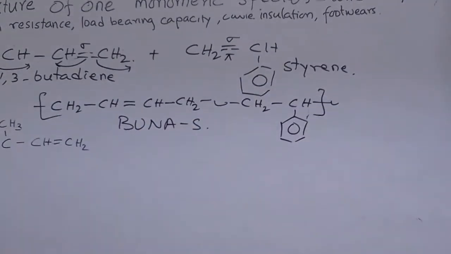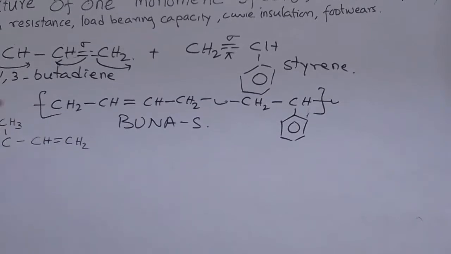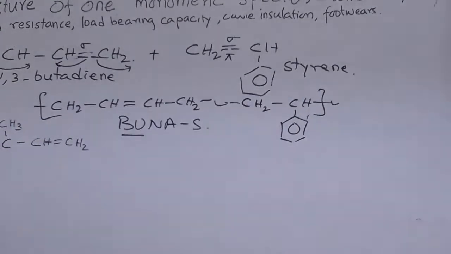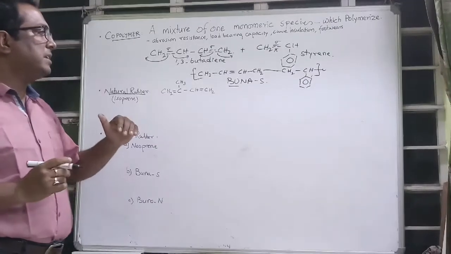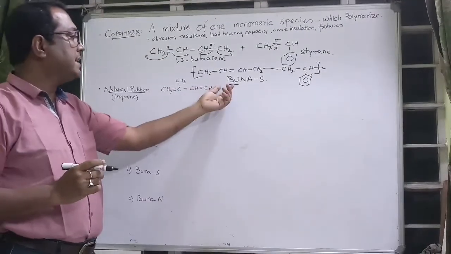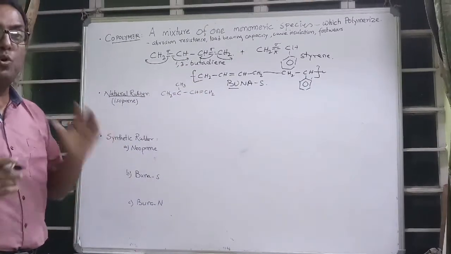This is what we call Buna-S, B-U-N-A-S. Why is it called Buna-S? The word Buna has come from butadiene, and Na means sodium.